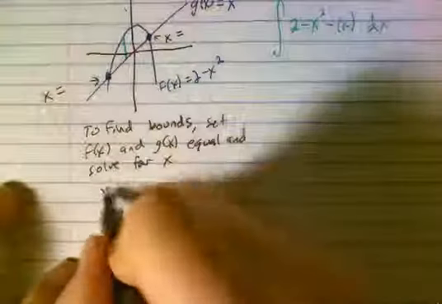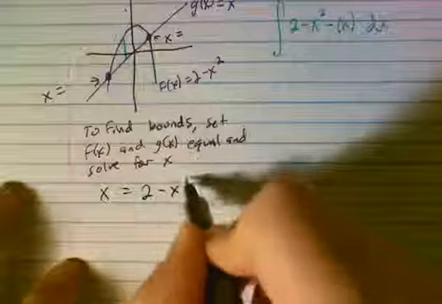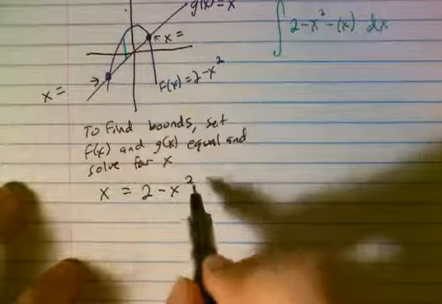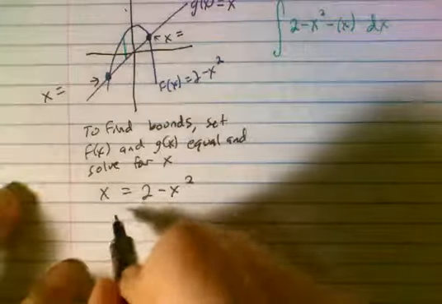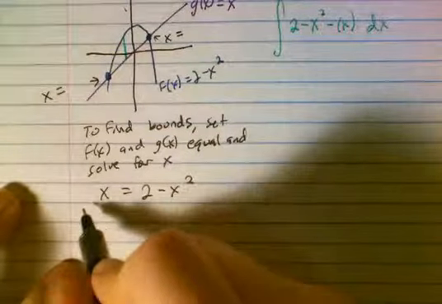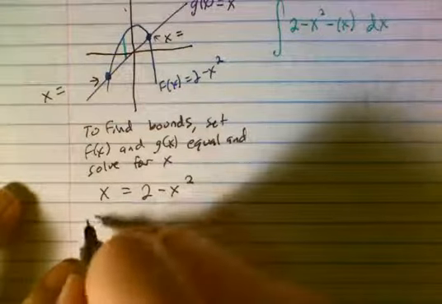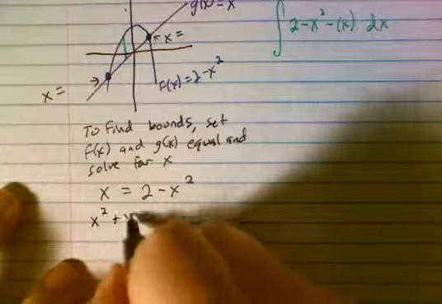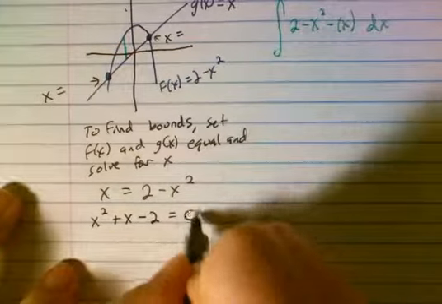So g of x is x, f of x is 2 minus x squared. If we have an x squared and an x in here, we want to get everything on one side and set it equal to 0. So I'm going to add x squared, subtract 2 to both sides.